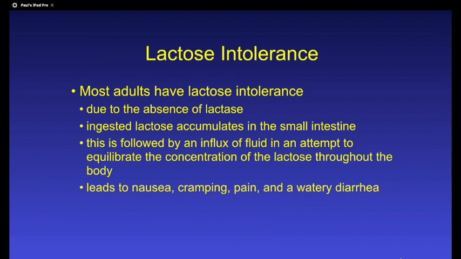If you have something really concentrated on one side and really dilute on the other, the semi-permeable membrane tries to dilute one side of it until the concentrations are equal. So you've got lots of lactose in your gut and none in your blood, and so what happens is you get a flood of water in. You're gonna eliminate it, but it's gonna be lots of watery. Also, you get cramping, and so it just doesn't feel good.